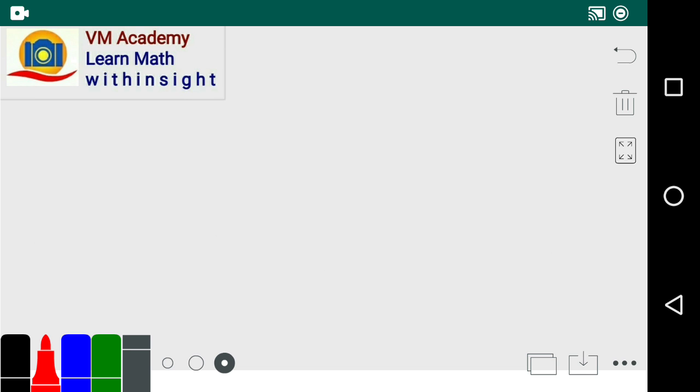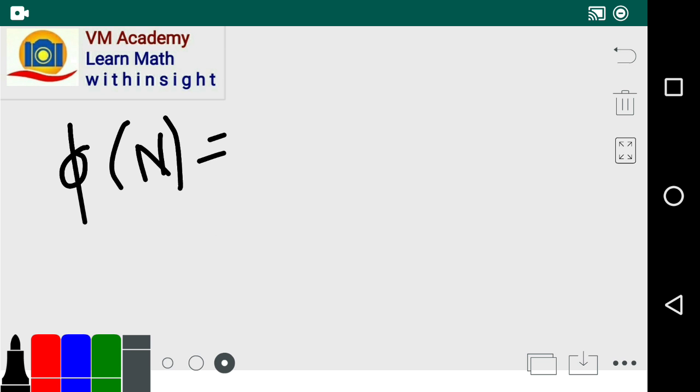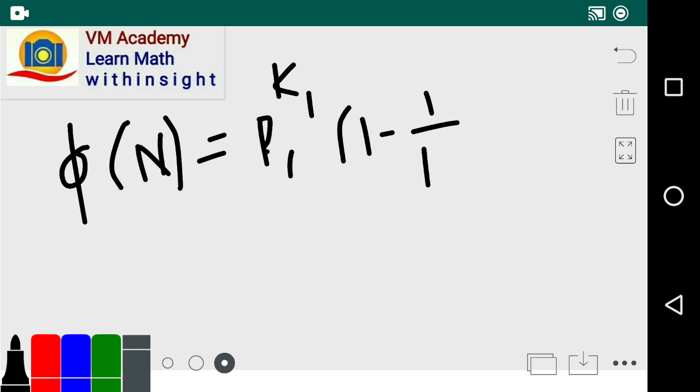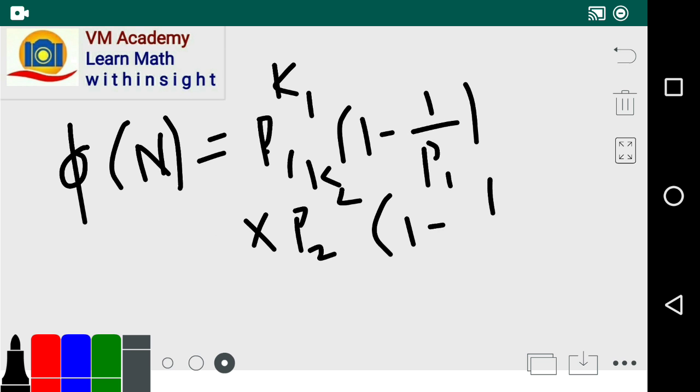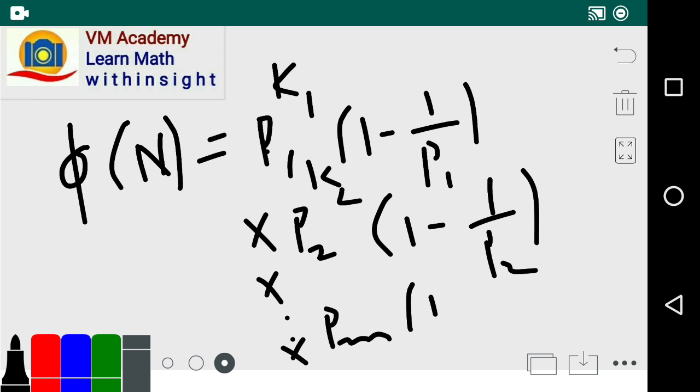Similarly, expanding in this manner, we get phi of n as, friends, p1 raised to k1 into 1 minus 1 by p1, into p2 raised to k2 into 1 minus 1 over p2, so on pm raised to km into 1 minus 1 over pm.